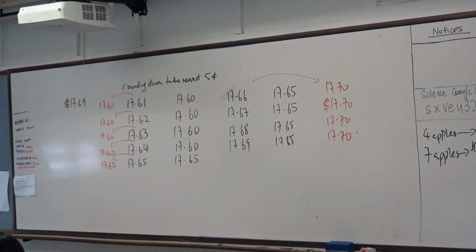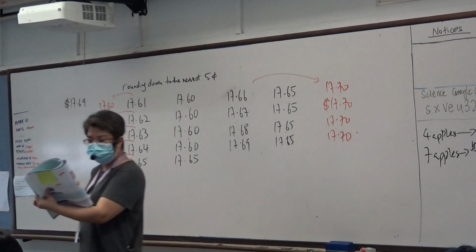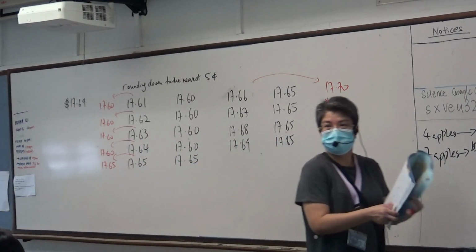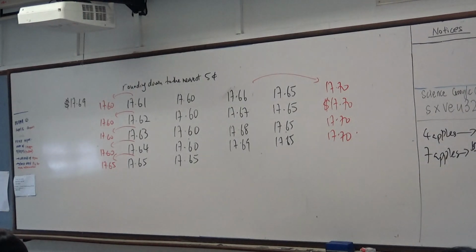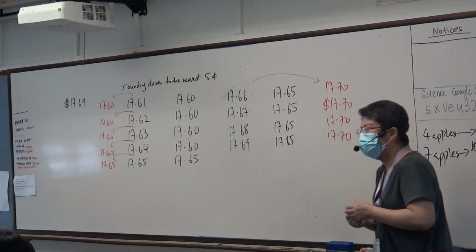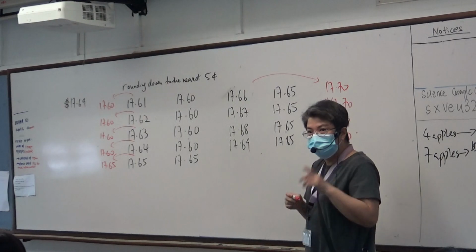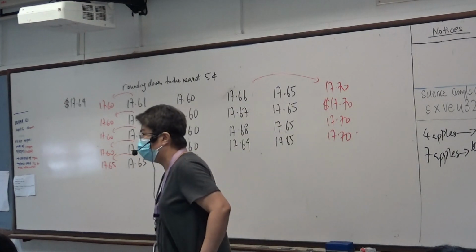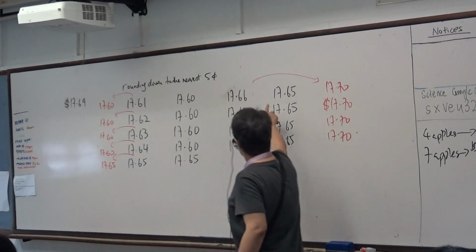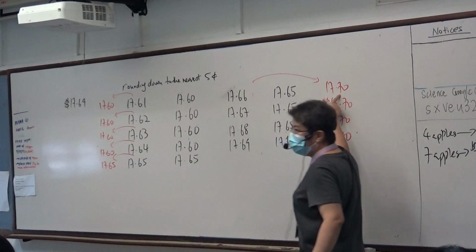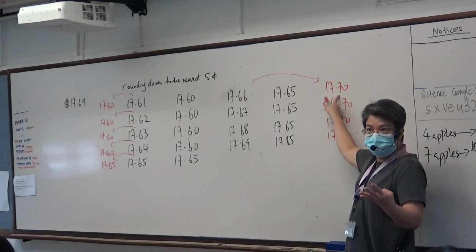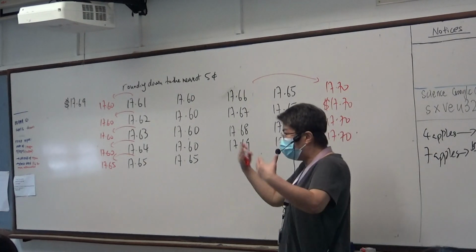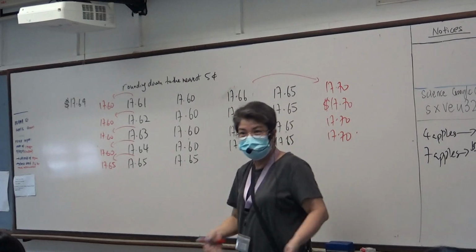Now, part 2. Why does the cashier round down the amount to the nearest 5 cents instead of rounding off to the nearest 5 cents? Why do you think they round down instead of round off? Do you agree that if they round off, the company will actually earn a lot more? Because even if it's 66, I count 70 cents, so 4 cents more. If everyone pays that, the company will earn a lot more.